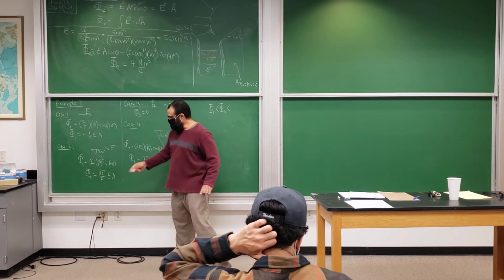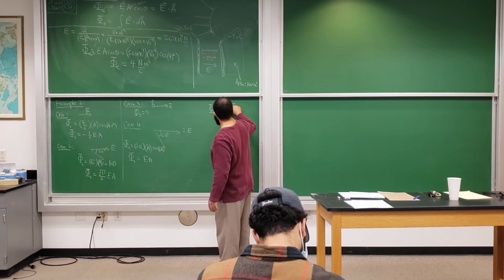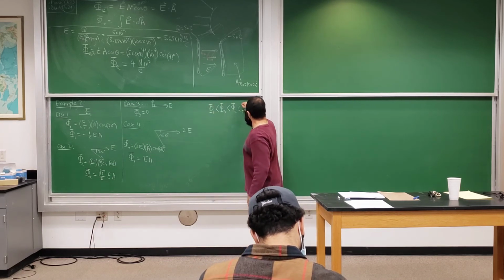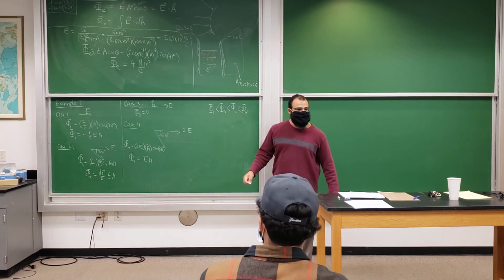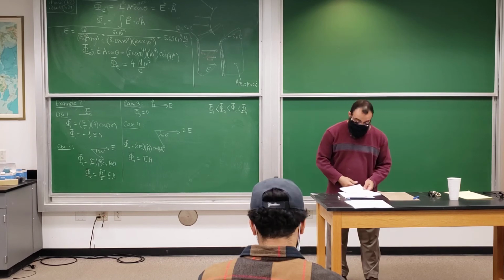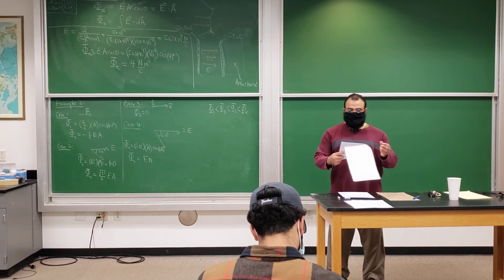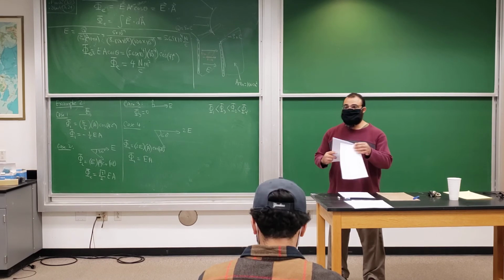Yeah, so it's less than 1. So phi 2, and then phi 4, right? Sounds good to me. All right, so that's the answer to that one.